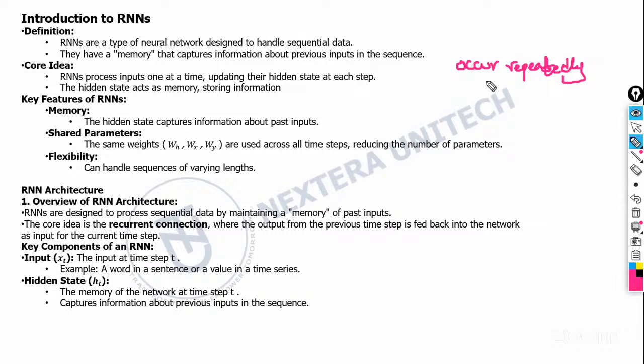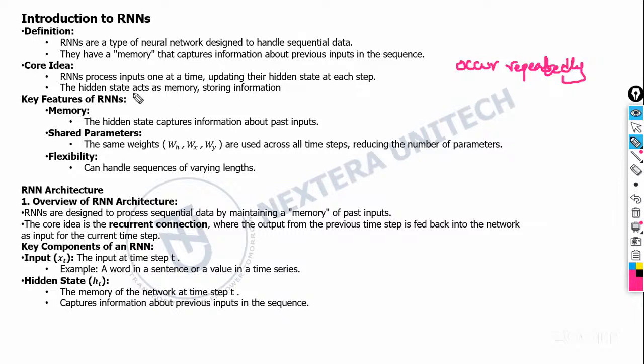So the core idea behind RNN is, it processes one input at a time. At a time, it is going to process only one input. Then it will also update the hidden state at each step. At each and every step, the hidden state gets updated, by using the output from the input that we get previously; that will be used for the second input.